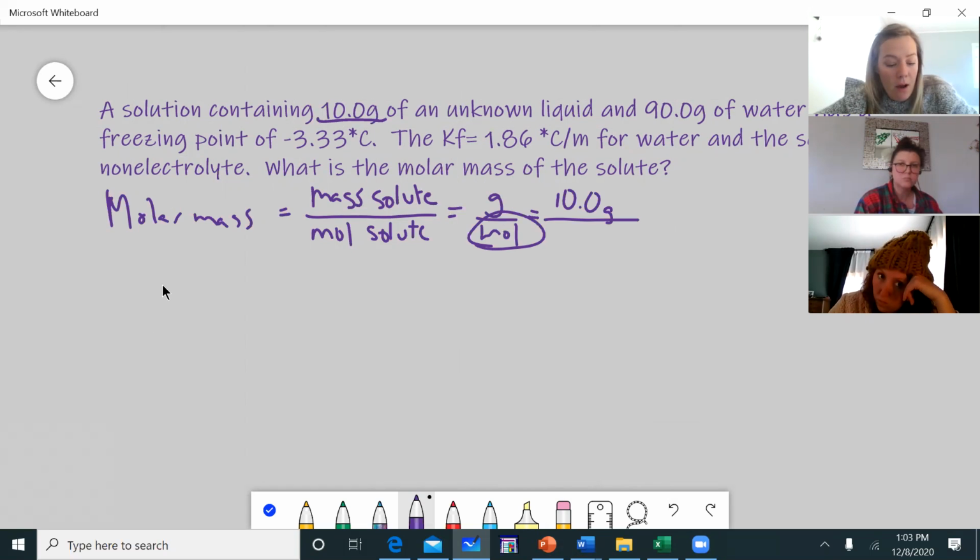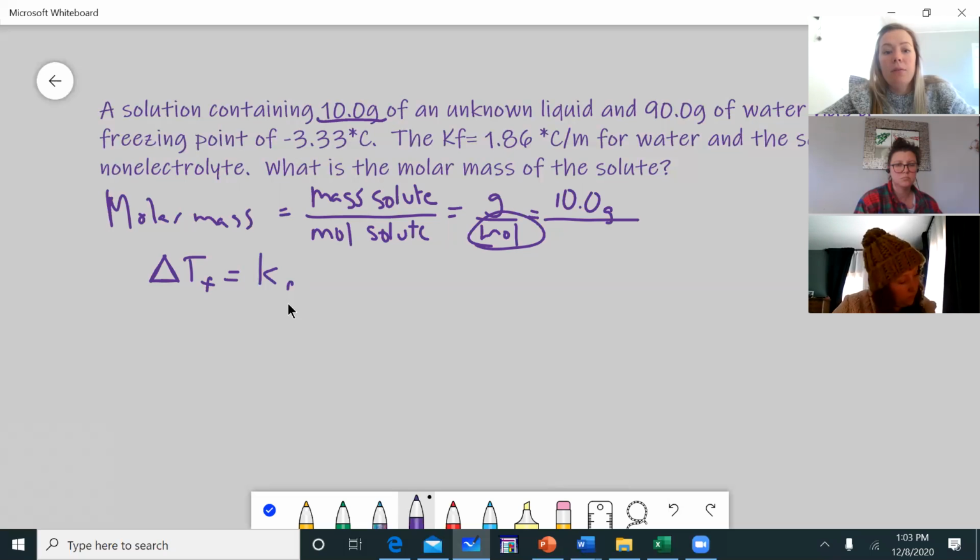So I'm going to write out the equation that's associated with that, which is that my change in freezing temperature is going to equal my KF times my molality times my i value.